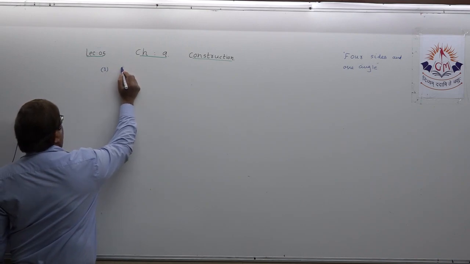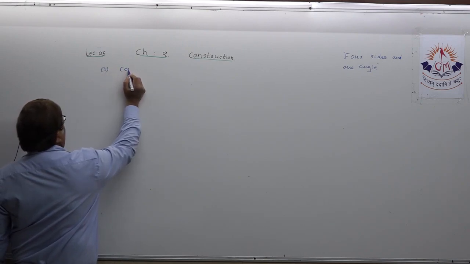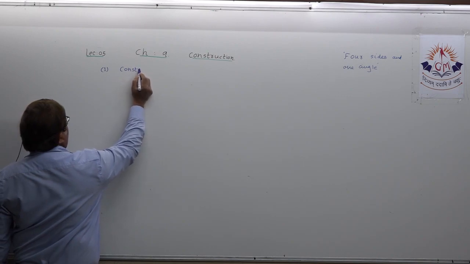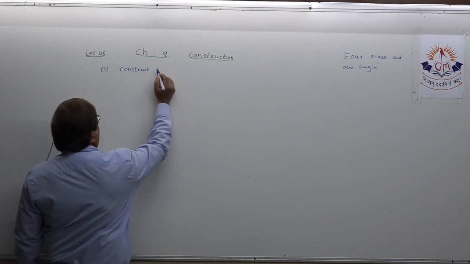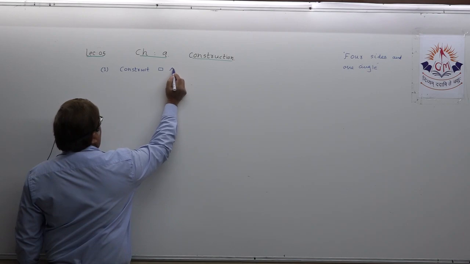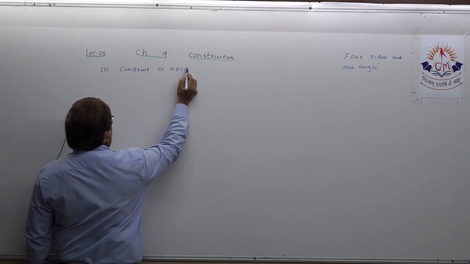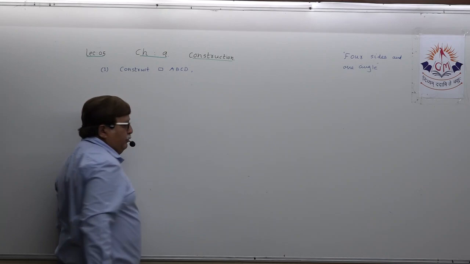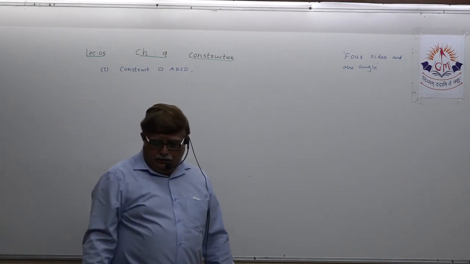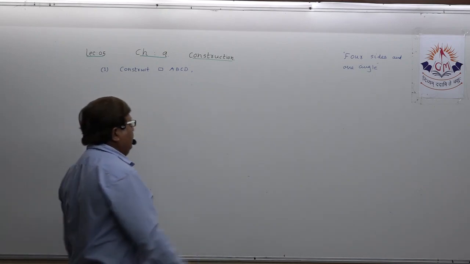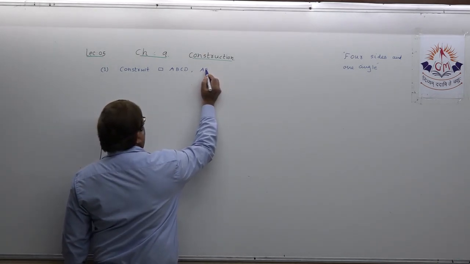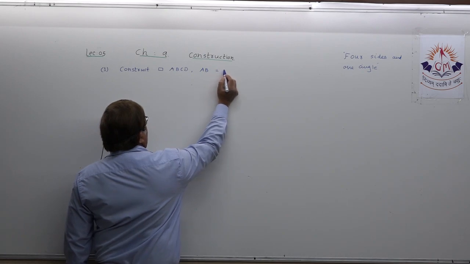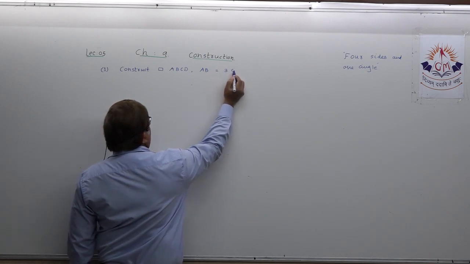Write data with me. Construct quadrilateral ABCD, AB equal to, suppose, 3 centimeter.